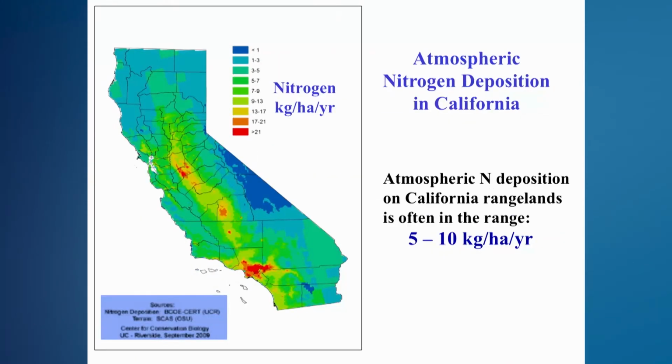In terms of nitrogen inputs into California rangelands, atmospheric deposition is a major player. This graph here shows the amount of nitrogen being deposited into ecosystems in California from the atmosphere. And for most California rangelands, the values range from about 5 to 10 kilograms per hectare per year.